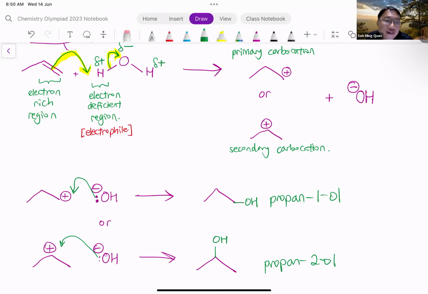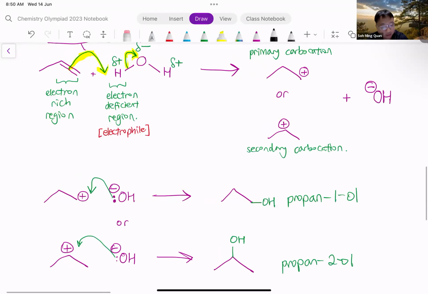So we have different steps here. We have the first step, which is the forming of the carbocation, and we have the second step, where the carbocation reacts with the OH minus. Obviously, these are the two steps, but they don't occur at the same speed. Which one do you think is very fast?